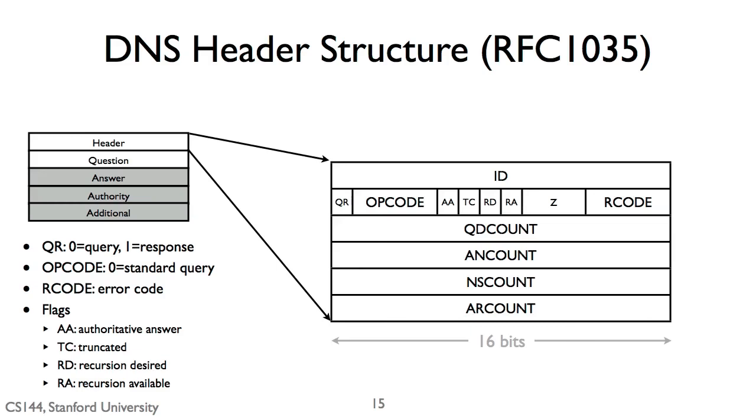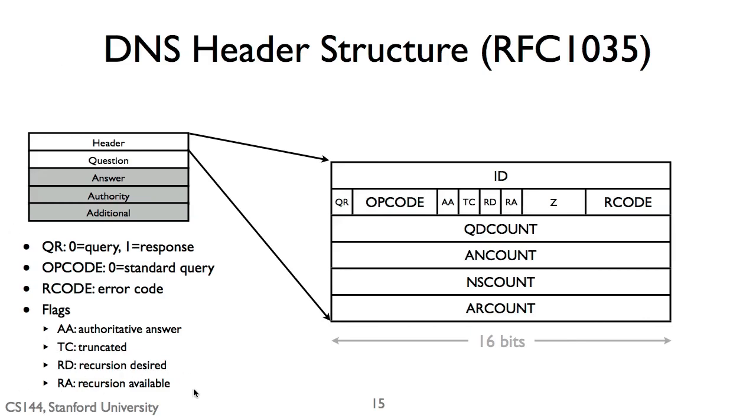So there's the bit I mentioned, whether this is a query or a response. There's an opcode, so standard queries. And there's a return code if there's an error. Then there's a bunch of flags. So is this an authoritative answer? Is this truncated? All of these sorts of things. You can see here at the bottom, recursion desired, recursion available.